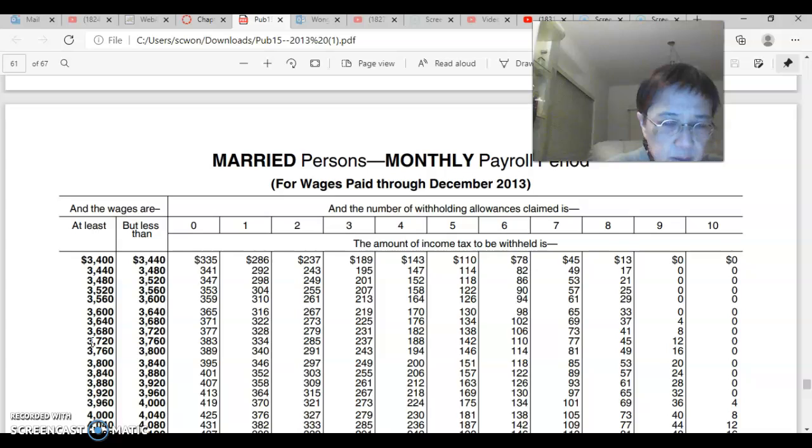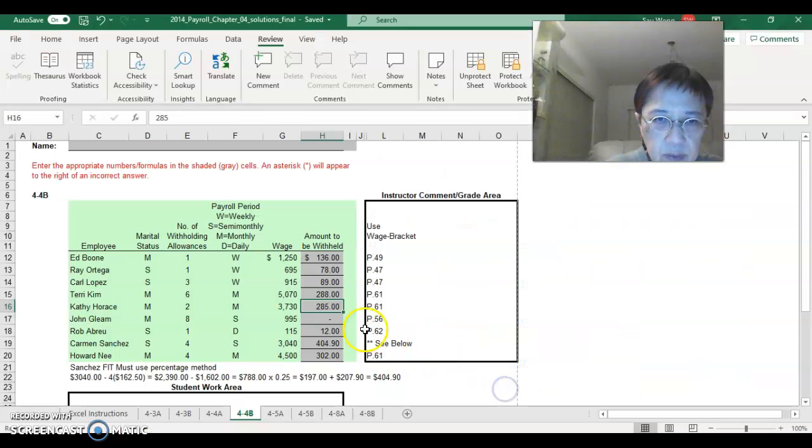So it's between 3,720 at least, but below 3,760, because she made $3,730, so it's between this range. And then her withholding is 2, withholding is 0, 1, 2, so $285. Kathy, for the federal income tax withholding, 285.